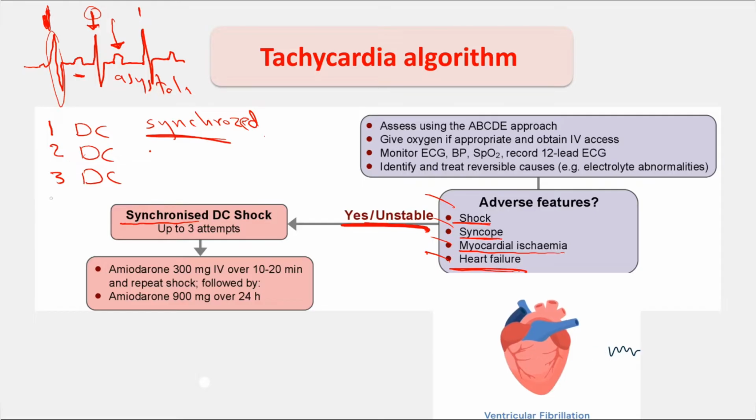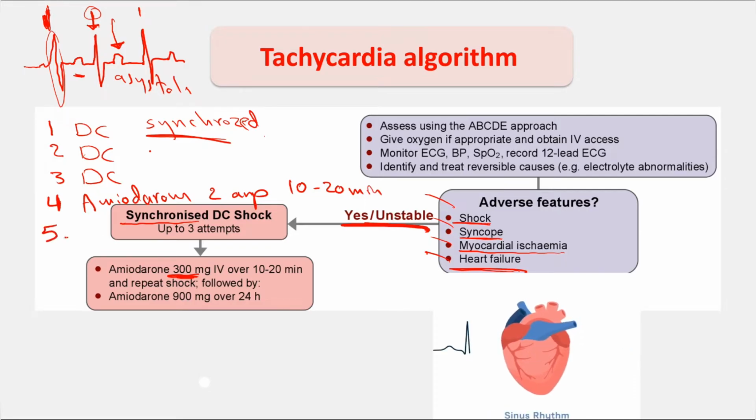You give 3 DC. If the patient has not improved, in the fourth step you have to give amiodarone. You give amiodarone in a dose of 300 milligram, usually 2 ampoules, in a rapid way, over 10 to 20 minutes. Then, if the patient still does not improve, you have to give a fourth DC, but this is the fifth step.